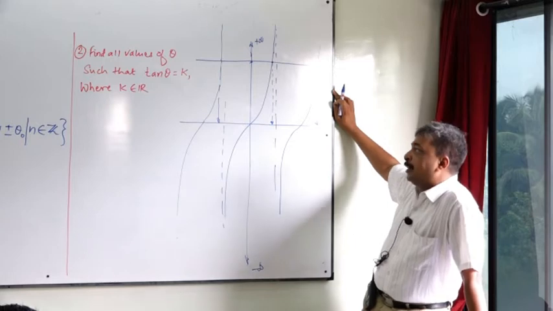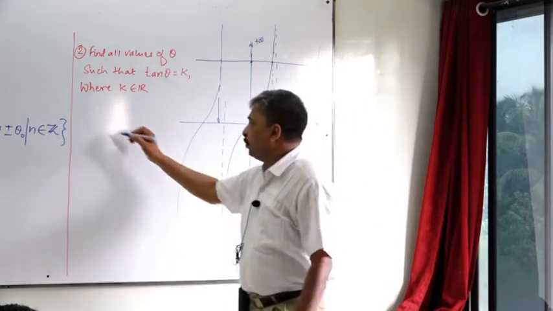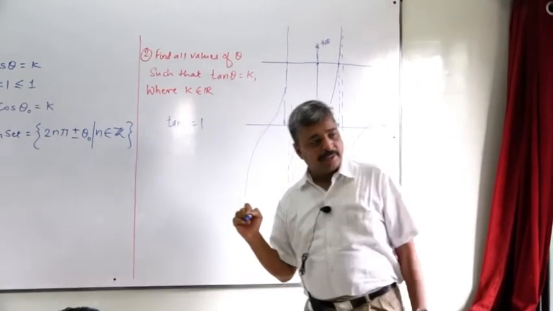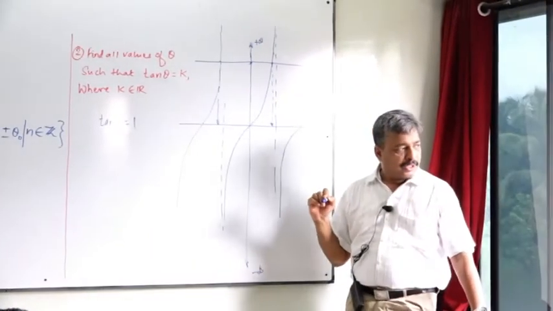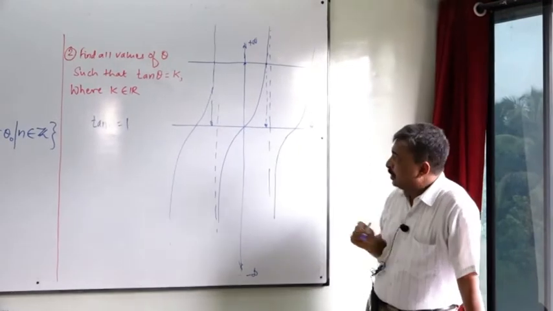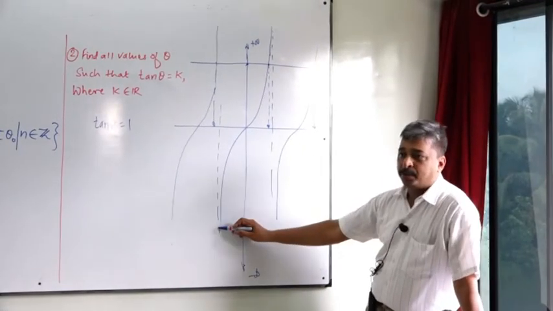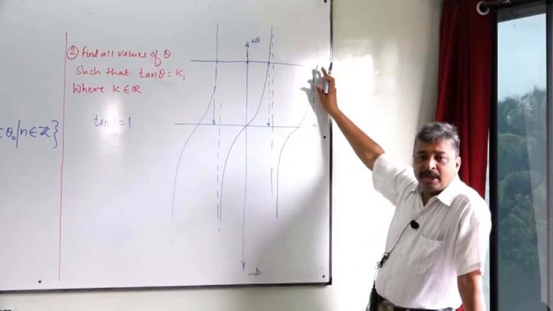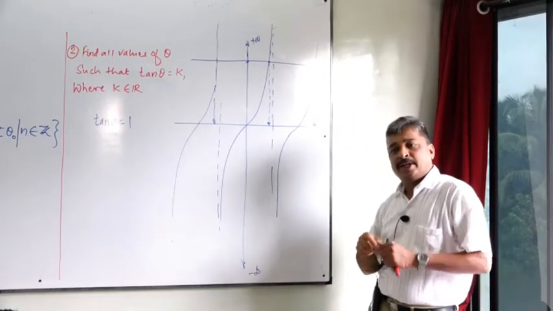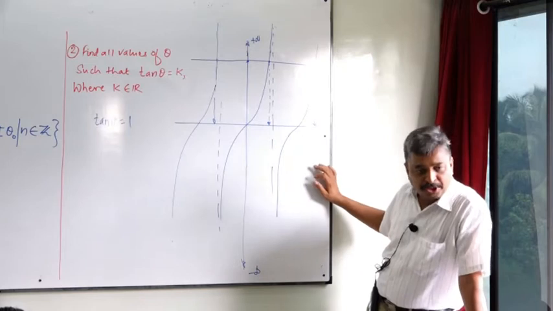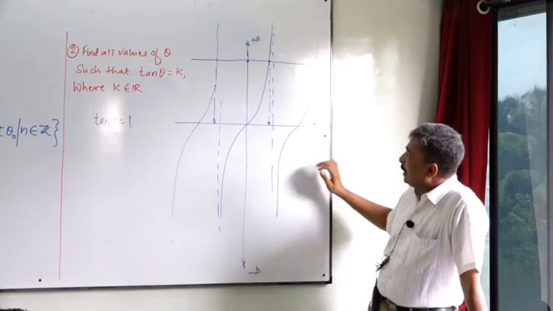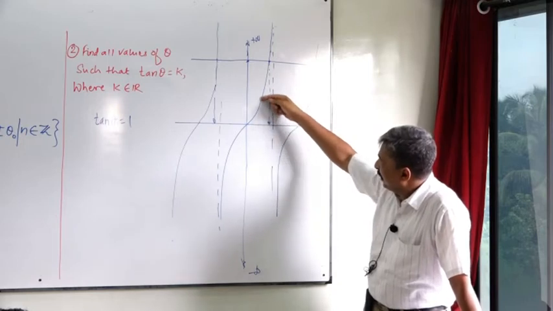Suppose now I give you tan theta is equal to 1 as a special case. Then between minus pi by 2, that is minus 90, to plus 90, what is the value of theta which will give me tan theta equal to 1? 45 degrees, pi by 4, will give me that. So that will be somewhere here, 45 degrees.